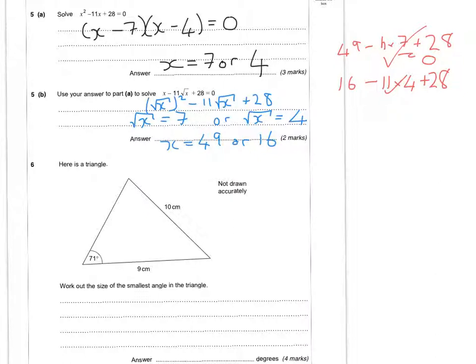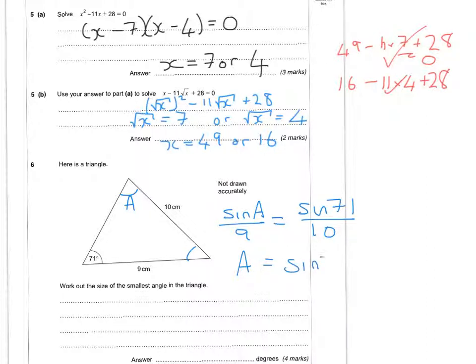Okay, here is the triangle. Work out the size of the smallest angle in the triangle. So I'll work out that angle there using the sine rule, and then calculate that angle there using 180 minus. So sin A over 9 equals sin 71 over 10. A will be equal to sine inverse of 9 sin 71 over 10.